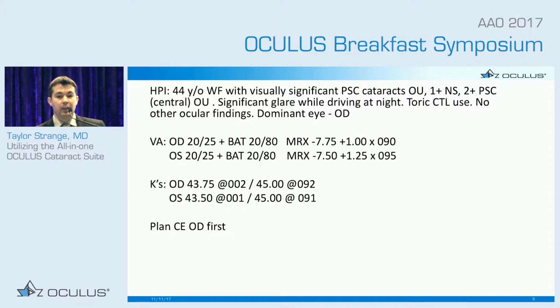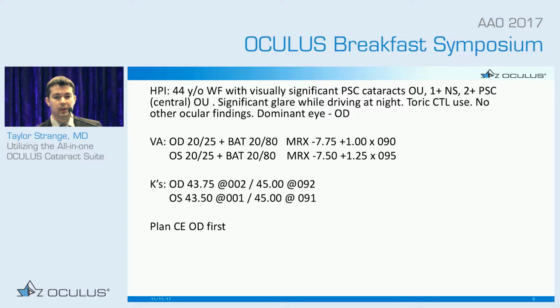So here I have a 44-year-old patient with visually significant PSC cataracts who had significant glare driving. She's been in toric contact lenses most of her life, has no other ocular disease, and is a high myope, minus 7.75, with regular astigmatism.